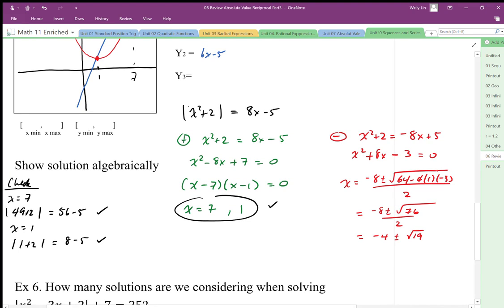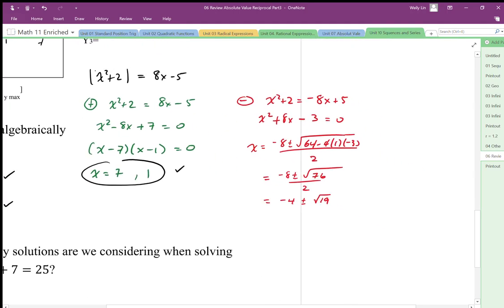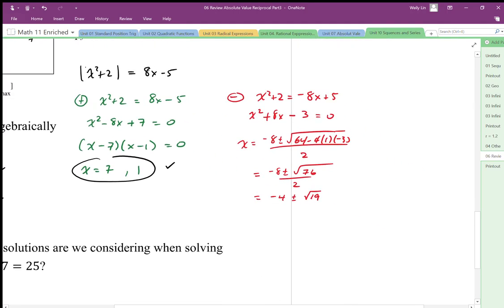Okay, so when I plug this in, I'm just going to check these solutions here, and I'm not going to actually calculate the values. I just know that this value here is approximately negative 8 point something, and negative, so if I add square root 19, oops, that's going to be about approximately positive 0.9 or something like that.